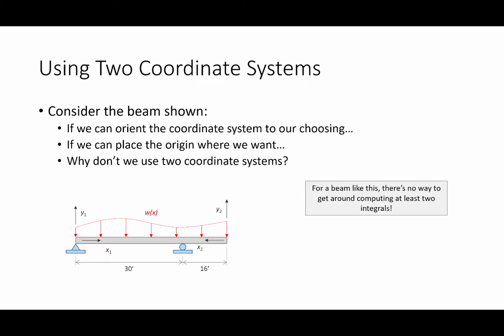Imagine one coordinate system with the origin over here and one coordinate system with the origin over there. And all this is doing is just flipping it that way. Okay? Now, why do that? Because I'm sure some of you are seeing that and going, well, Dr. Mike, that looks more complicated. I disagree. Okay, let me show you what I mean.